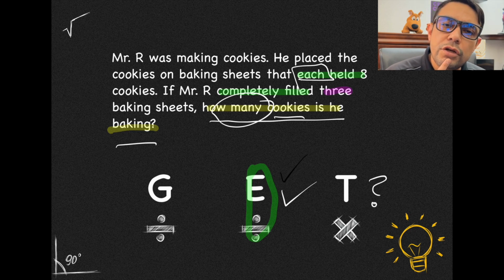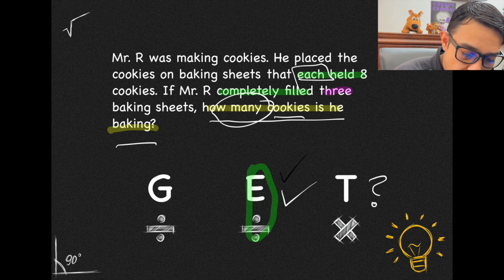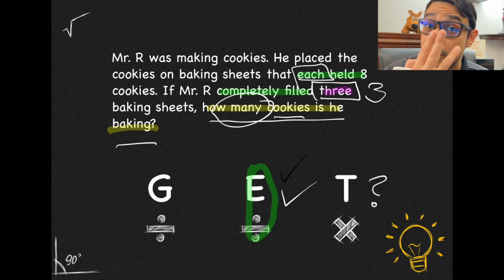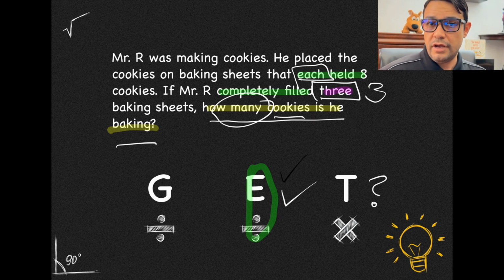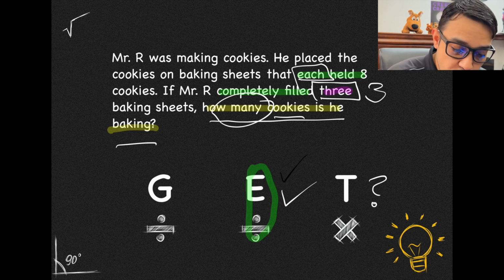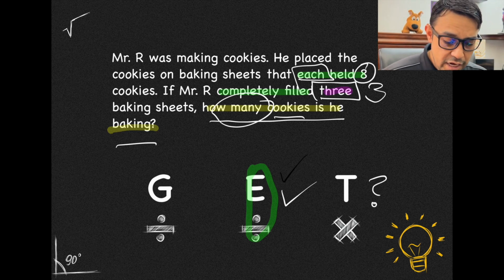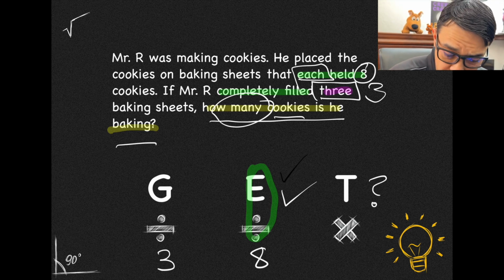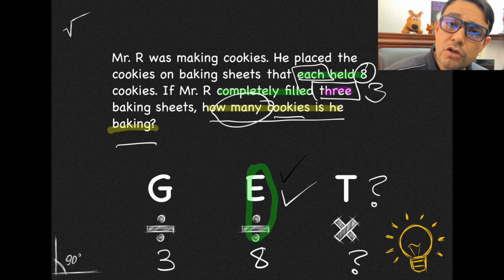Did they give us any groups? Yes. Right here, it says there's 3 groups. Each group has 8. So we have each has 8. There are 3 groups. So we need the total.